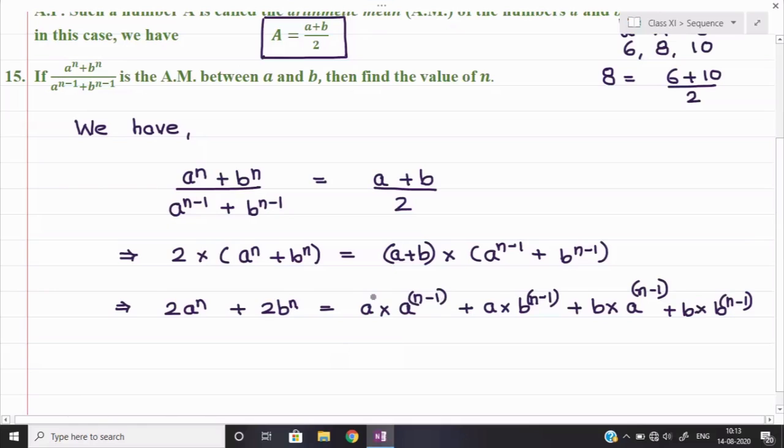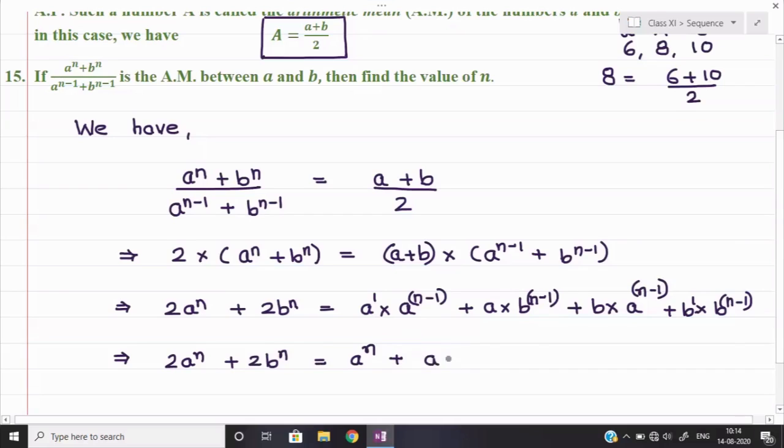Now see, here a to the power 1 we can say, and here also b to the power 1, and the first and last terms of the right hand side have the same bases. If their bases are same, then the powers are added. So what is the addition of 1 and n minus 1? If you add 1 and n minus 1, minus 1 and plus 1 will be cancelled and it will remain a to the power n, plus the middle two terms I will write in this manner.